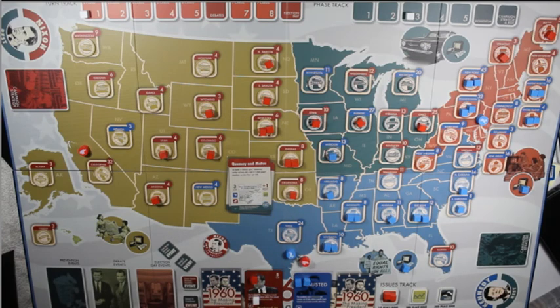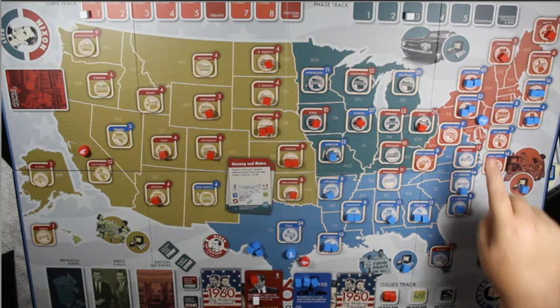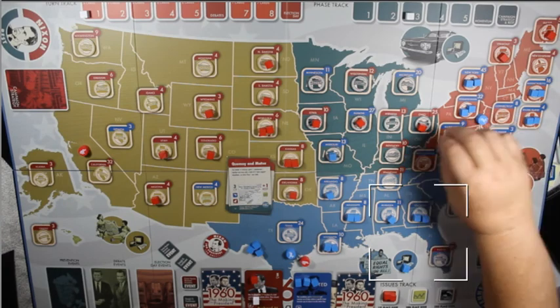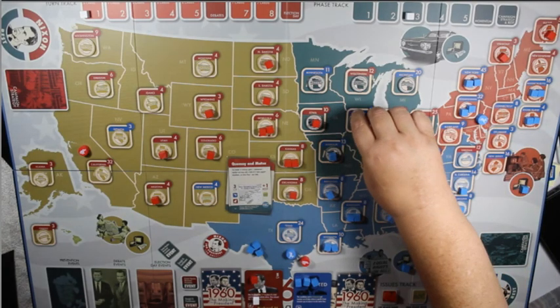So he's going to take his +1 rest, and he's going to take his 3 campaign points, his 3 CP. He is in the east. Why did I put one there?